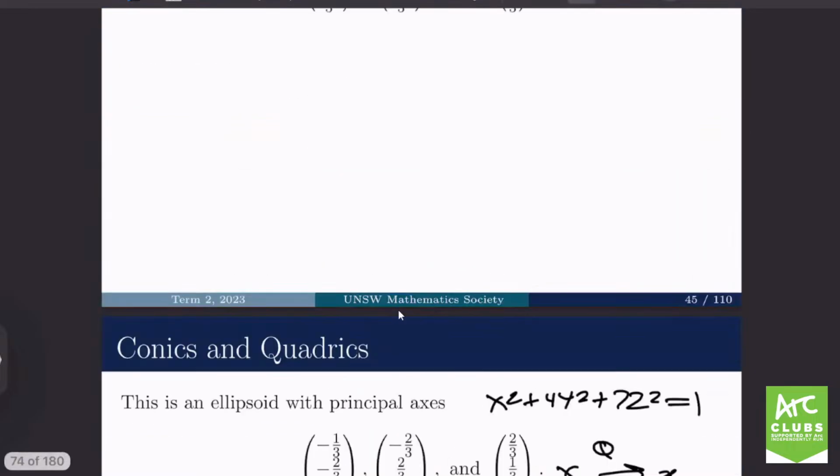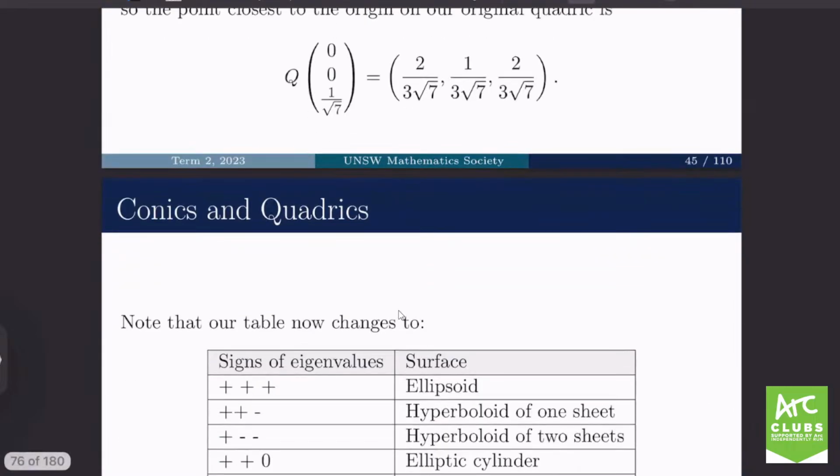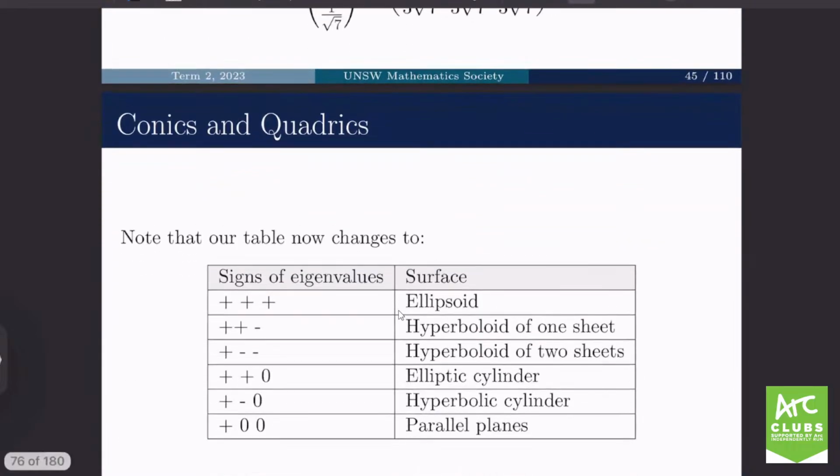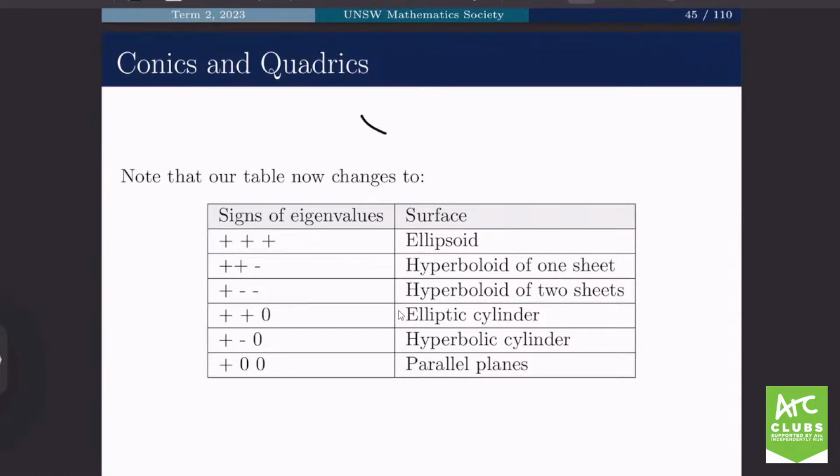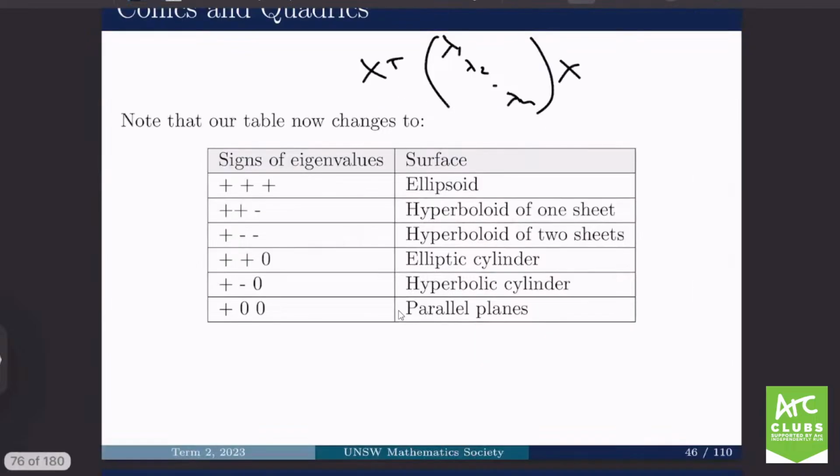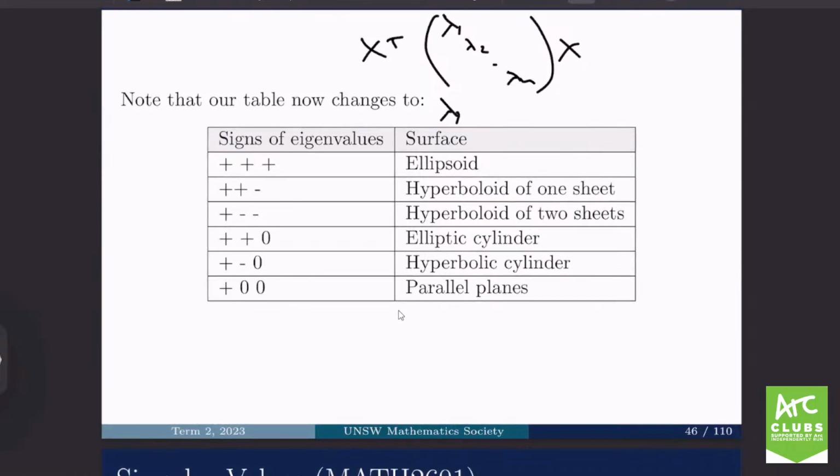So now you can see that in terms of classifying the shape, or what surface it actually is, what we had is x transpose times our diagonal matrix, which corresponds to our eigenvalues, and this will give us the corresponding curve lambda 1 x squared plus lambda 2 y squared, and so forth.